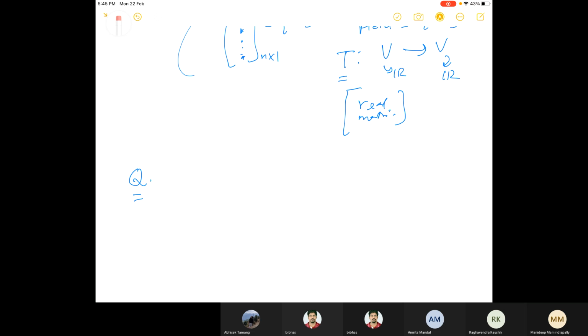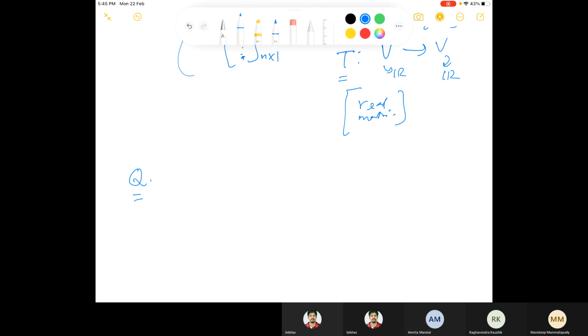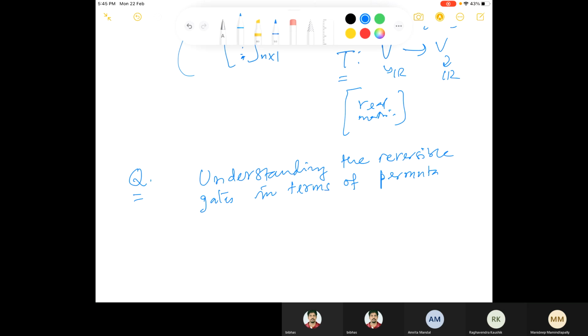So here is a question about understanding the reversible gates in terms of permutations or permutation matrices, because a permutation matrix is unitary and it contains only zeros and ones.